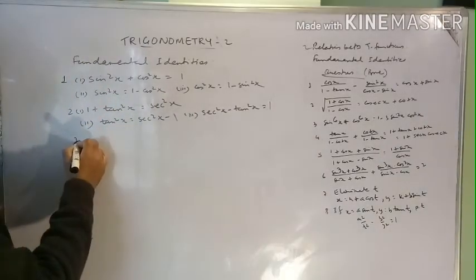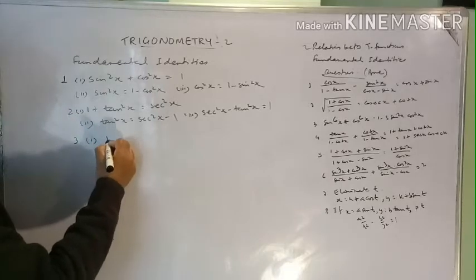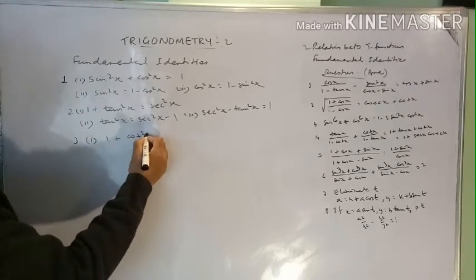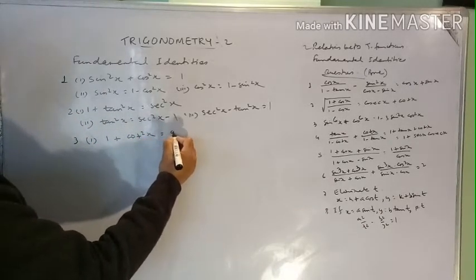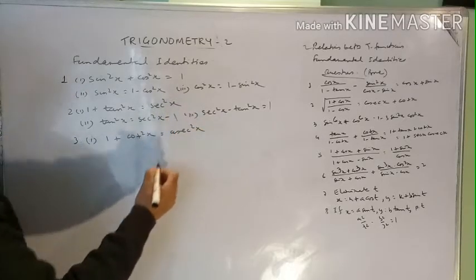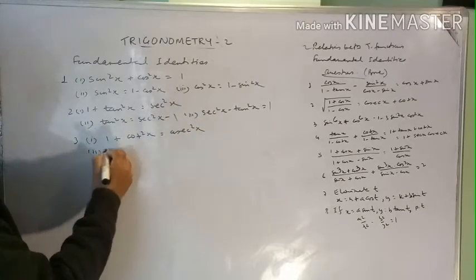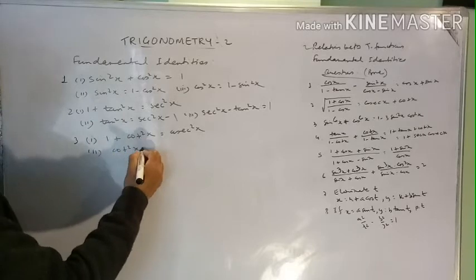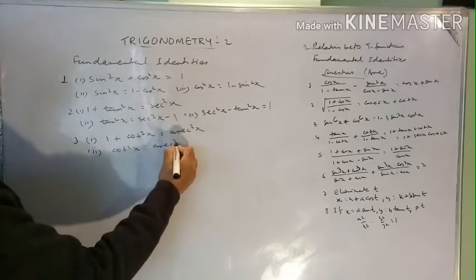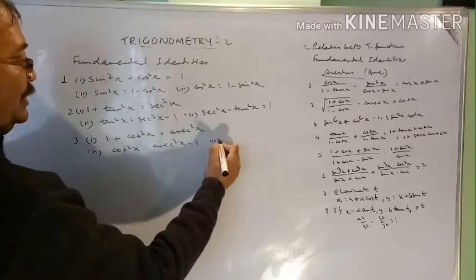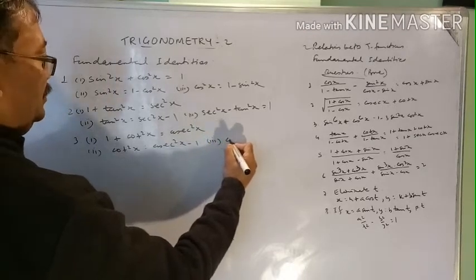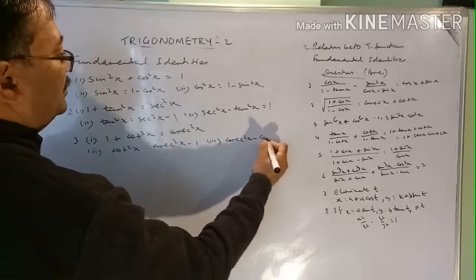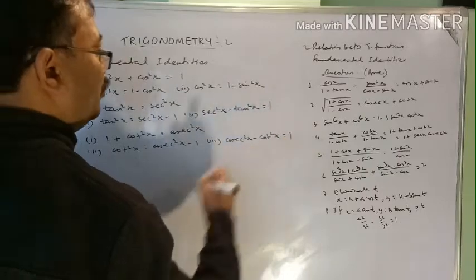And the third one, part 1, 1 plus cot square x equal to cosec square x. So this will give you cot square x equal to cosec square x minus 1, and part 3, cosec square x minus cot square x equal to 1.